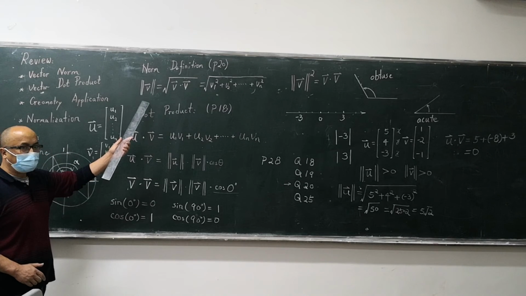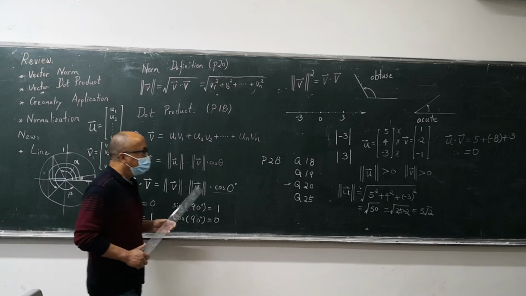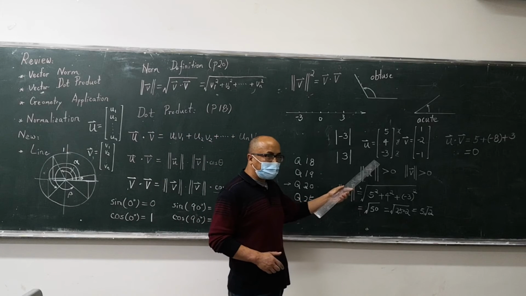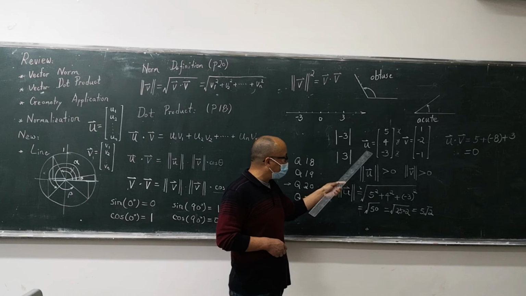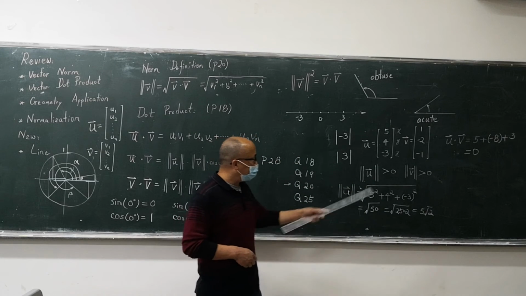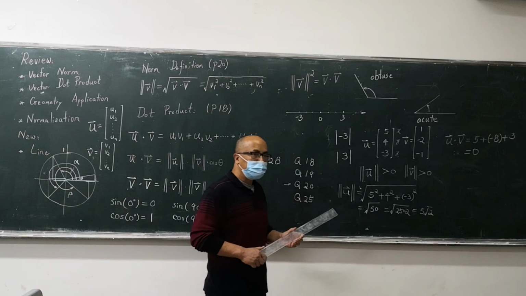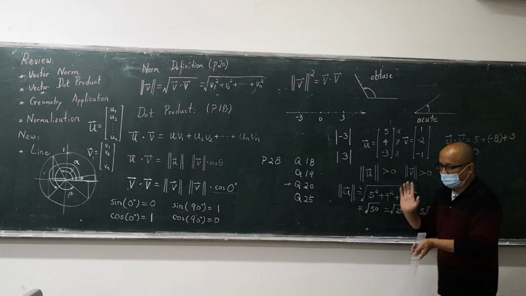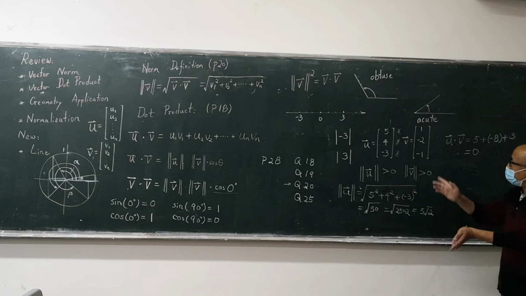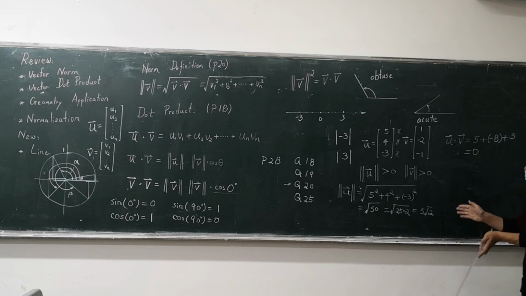The vector norm is its length. In last class, couple minutes ago, we saw two vectors whose dot product is 0. Two big vectors.